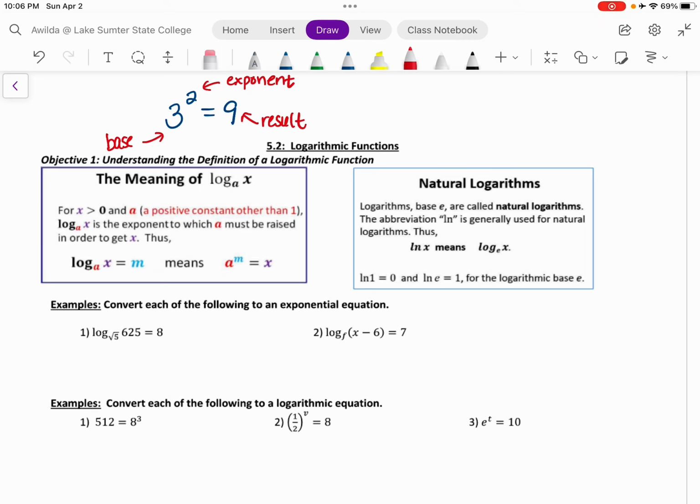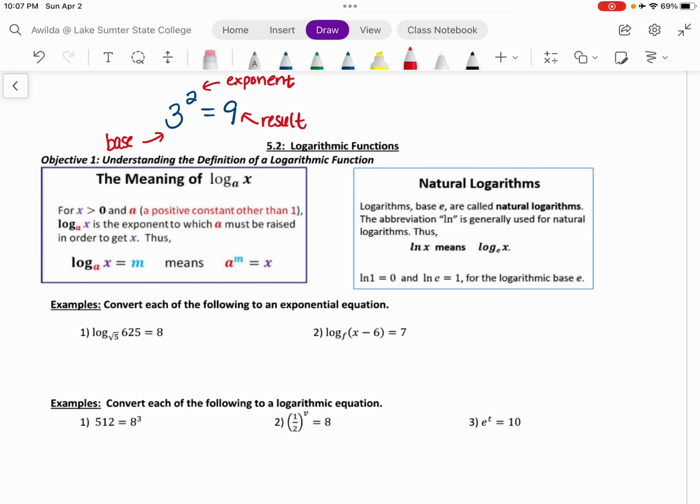Let's look at the meaning of the logarithm base a of x in the first box. For x greater than 0 and a positive constant other than 1, the logarithm base a of x is the exponent to which a must be raised in order to get x.